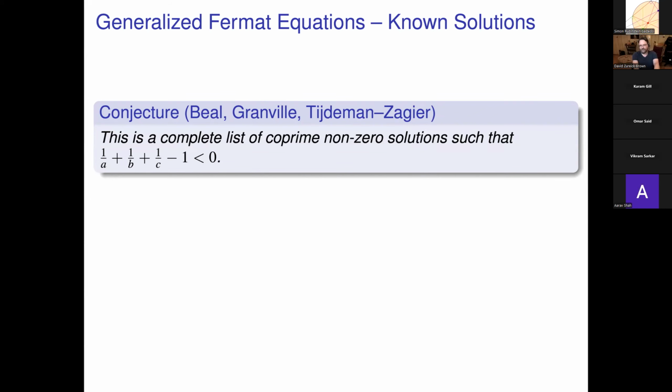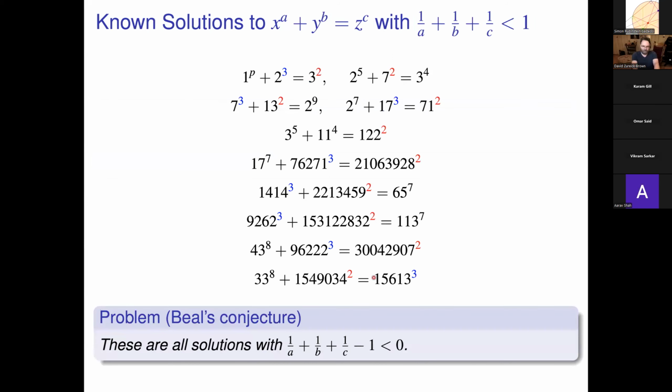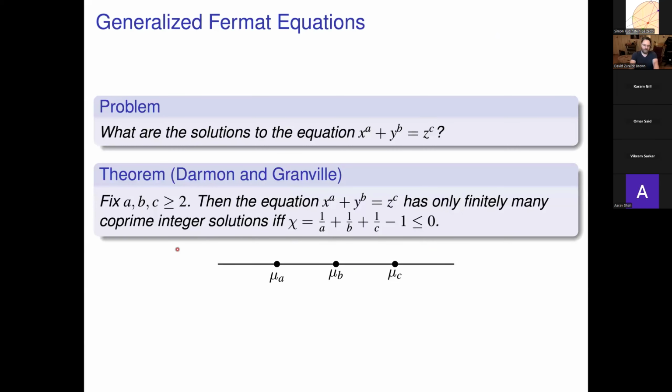Yeah, and so, excellent question. If you go back to whatever this unspecified exotic geometric object is, this chi being less than 0, or strictly less than 1 if I move the 1 over, corresponds to this being hyperbolic in the geometric sense, or being very general in some sense.